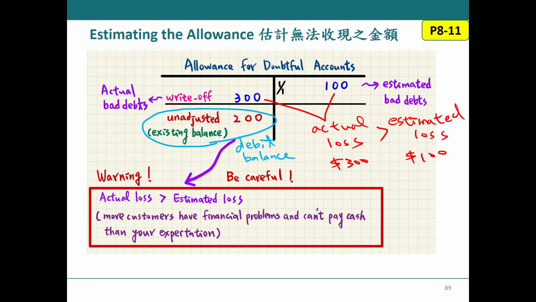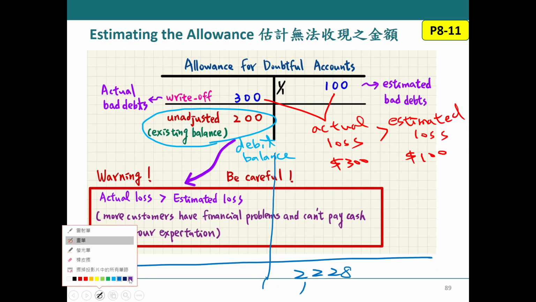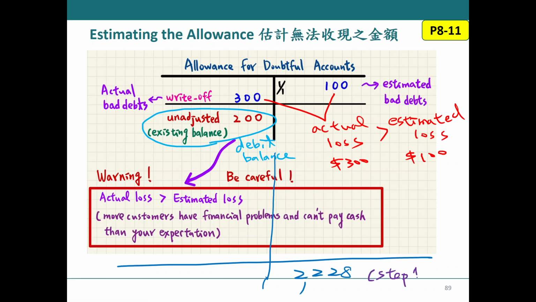But how about the accounting? Since we have an existing balance and it is a debit balance, then if we told you the total estimated loss we need, how much? For example, if the total I need is $2,228, okay, this is from your step 1. So what do we need to estimate for step 2 this year?